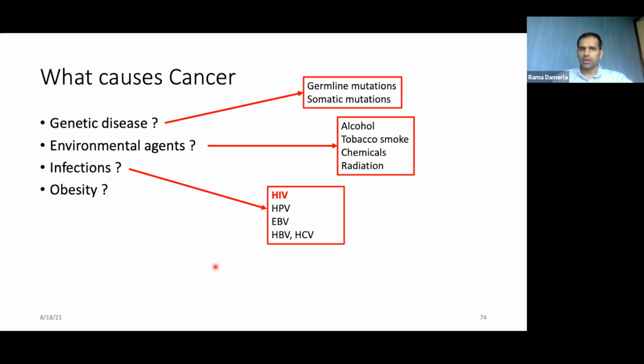And then HPV, which is human papillomavirus, infections are associated with cervical cancer, head and neck cancer, and a number of anogenital cancers. EBV, which is Epstein-Barr virus, has been associated with nasopharyngeal carcinomas. And there are other viruses like HBV and HCV that are also associated with other cancers.